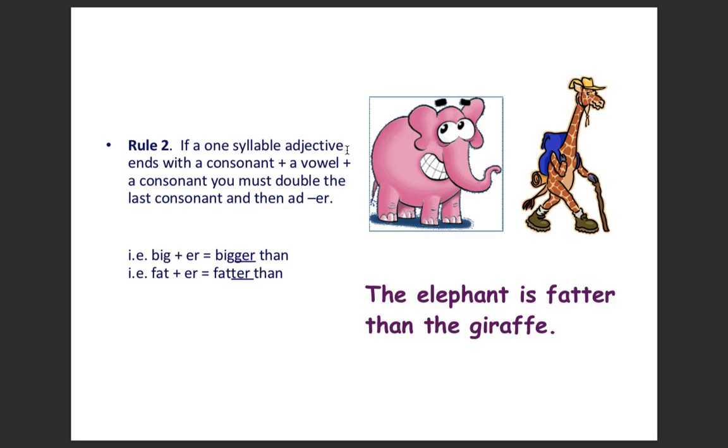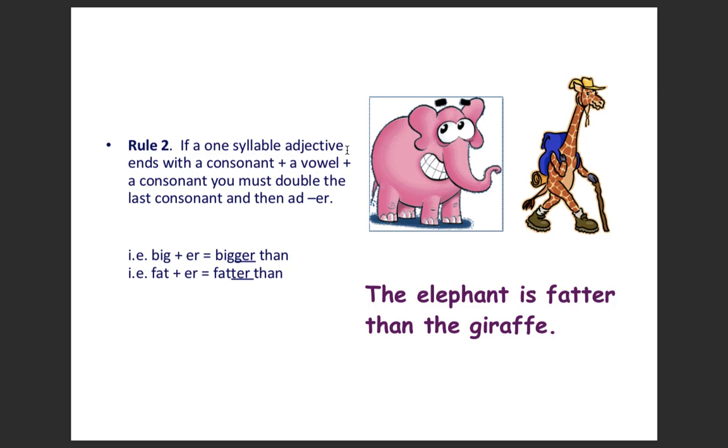Rule number 2. We still follow with the one syllable adjective. Now, if the one syllable adjective has a consonant, vowel, consonant, for example the word big: B is a consonant, I is a vowel, G is a consonant. So this is what they mean by a one syllable adjective with a consonant, vowel, consonant.